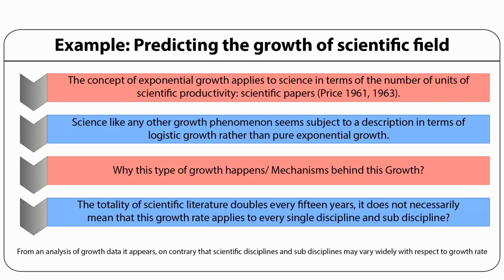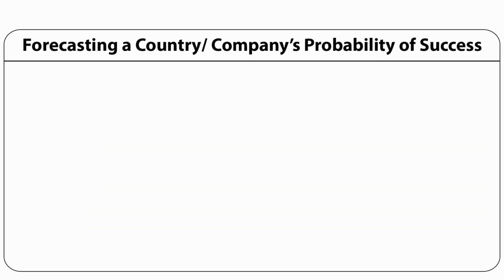From an analysis of growth data, it appears, on the contrary, that scientific disciplines and subdisciplines may vary widely with respect to growth rate. This type of trend analysis provides important indications of the scientific research activity of a country or a research group. It demonstrates a country's or company's probability of success through patents.